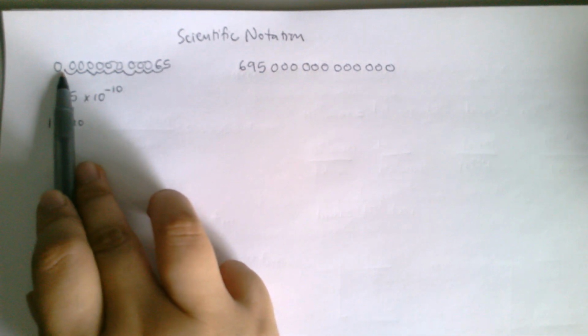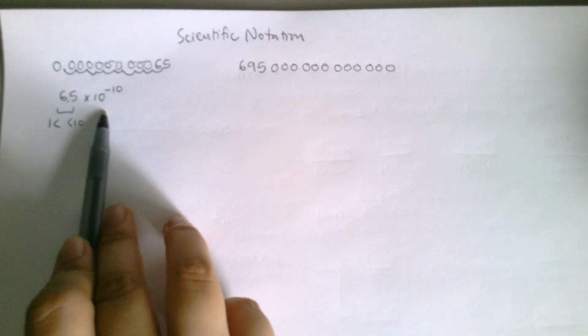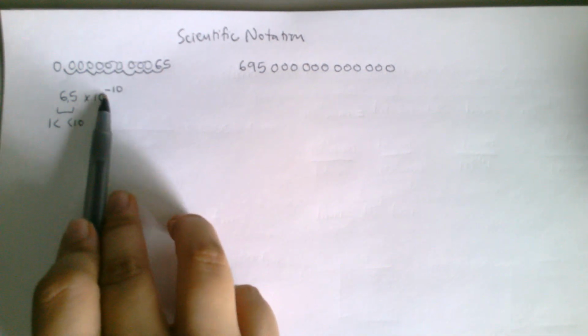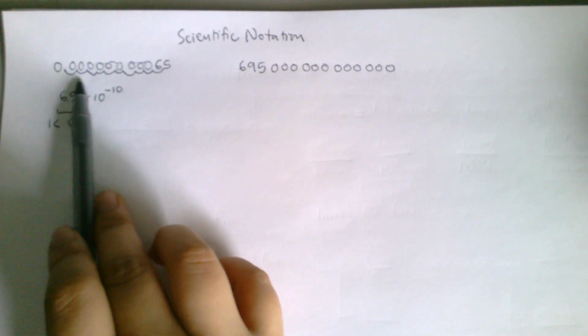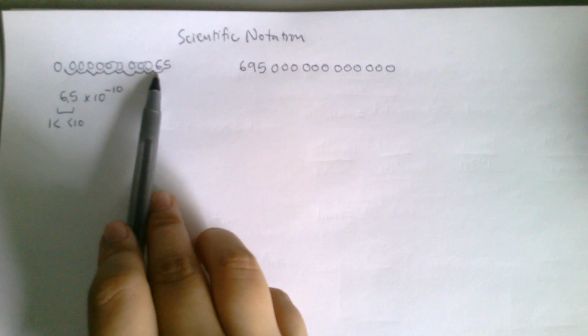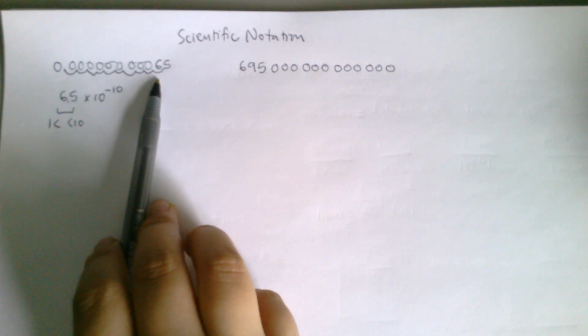Every time you move the decimal in the direction that makes this number bigger, the exponent is negative. I'm trying really hard to avoid saying I move the decimal to the right or to the left, because a lot of students get really confused about left and right eventually.